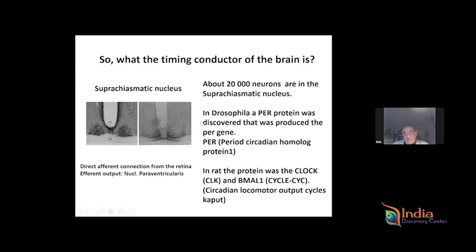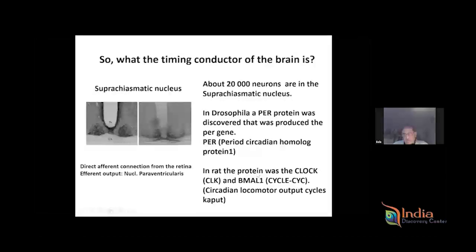During the research, a very specific protein, the period protein, was isolated from the suprachiasmatic nucleus, which supposedly makes the circadian rhythm, depending on the protein's electrical and electrostatic properties.